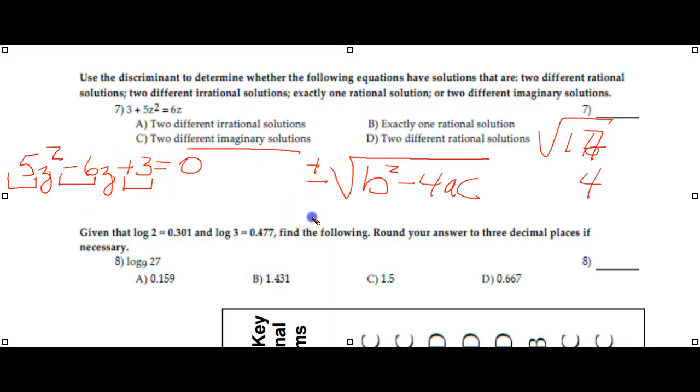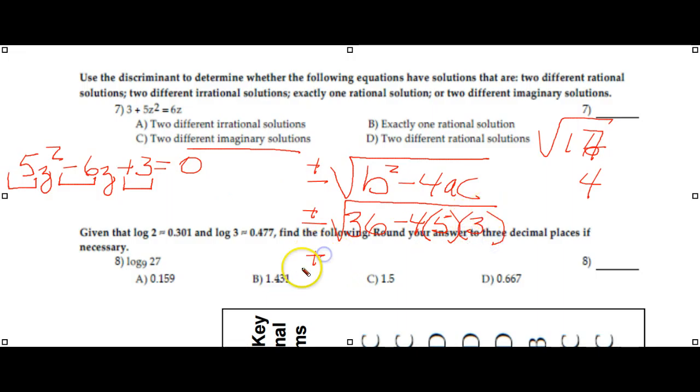So we're going to get plus or minus B squared, which is -6 times -6 is 36. This is all under the radical sign. Minus 4. A is 5, and C is 3.